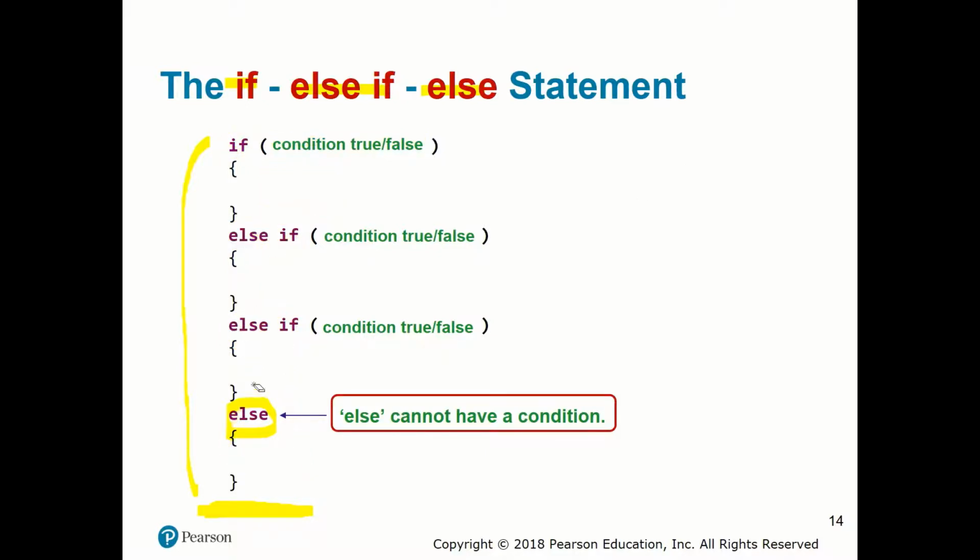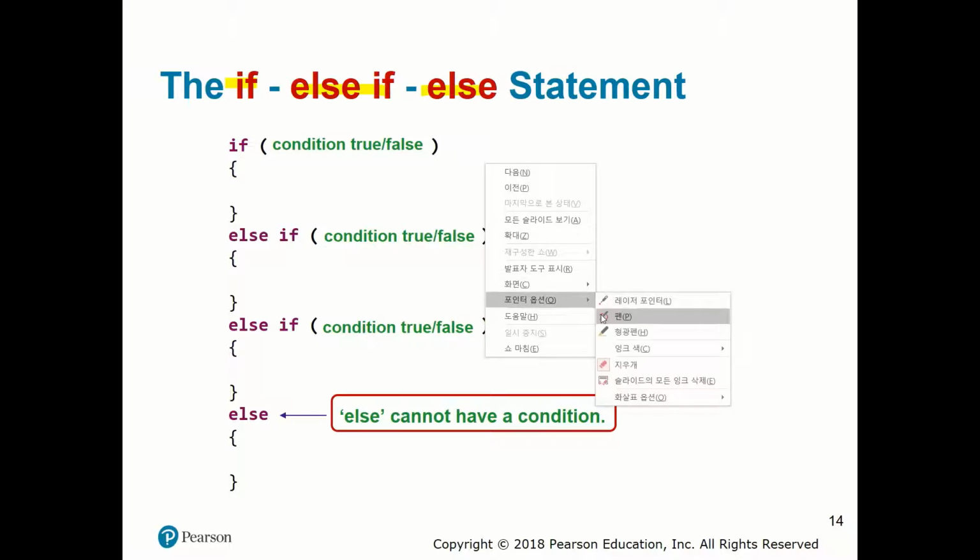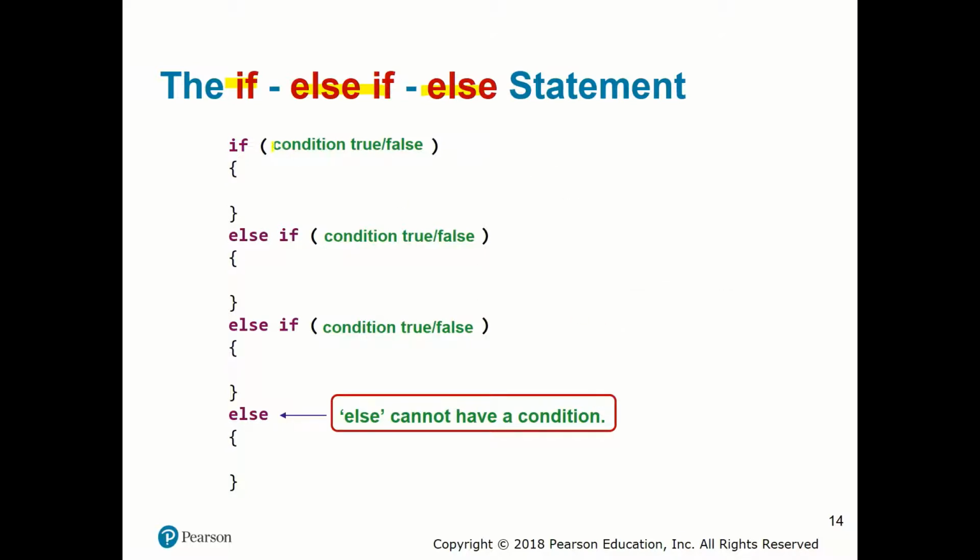Okay, I will show the next logic. So if this is false, then these statements will be skipped and this part evaluated. And if this is true, then these statements will be executed and the rest of this part will be skipped, ignored.